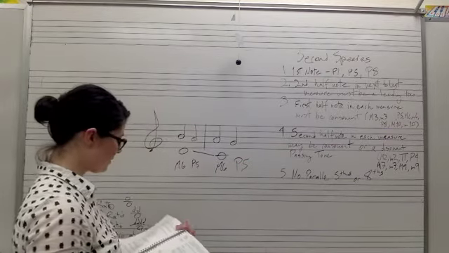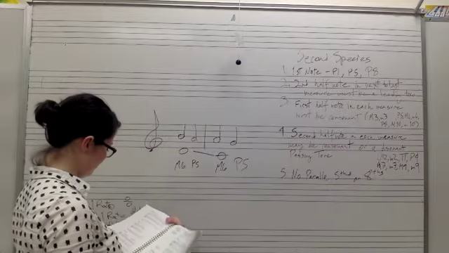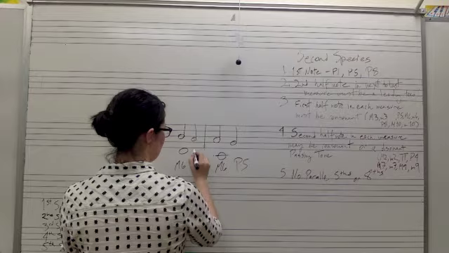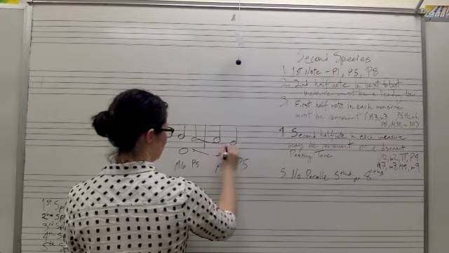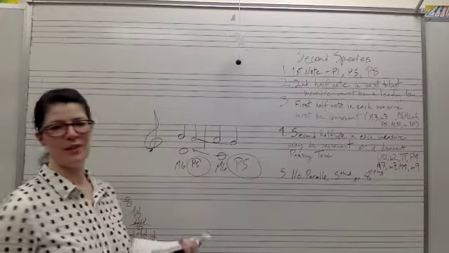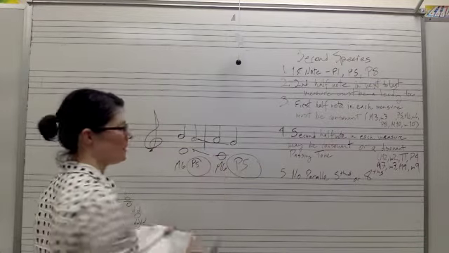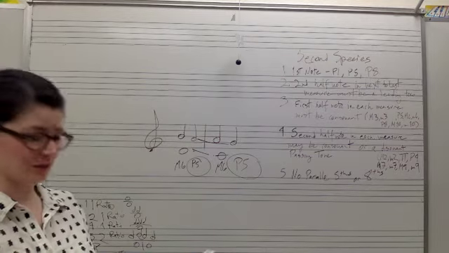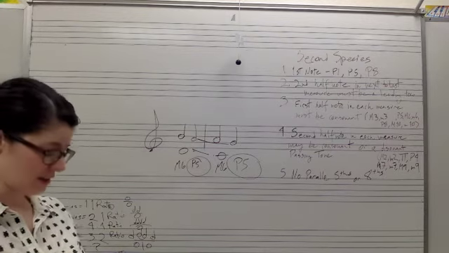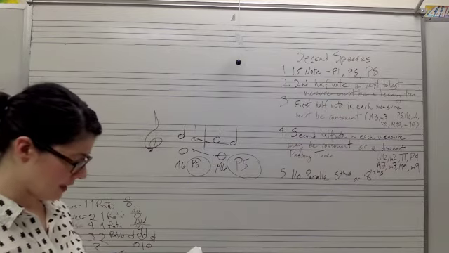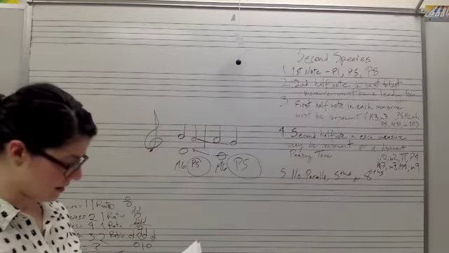But even though there's an intervening note in the middle, you're still going to hear these two right there as parallel fifths because they're still part of the same beat. So you've got to avoid that as well. You've got to have at least two notes in between any sort of parallel fifth or octave. All right, so just avoid parallel fifths like the plague.